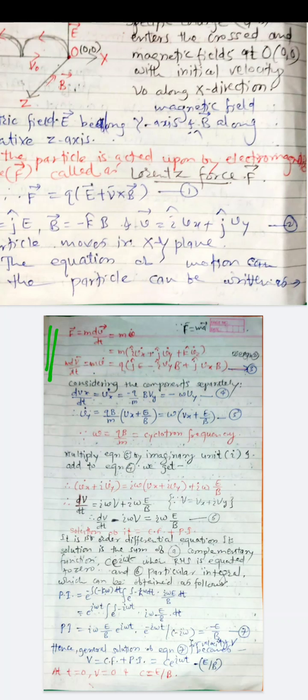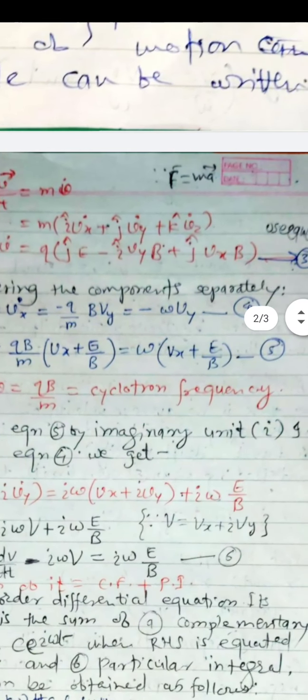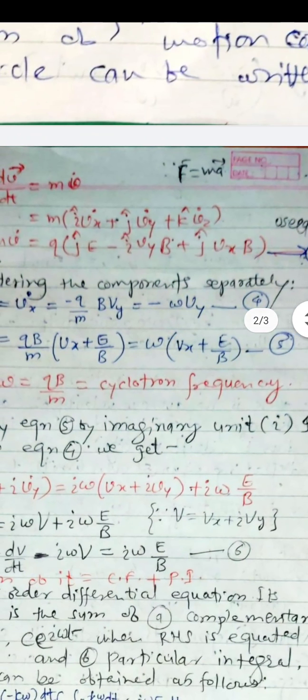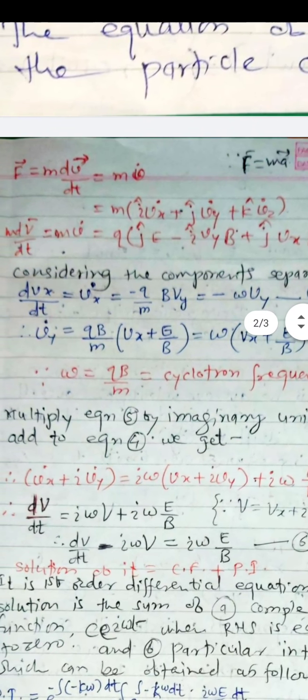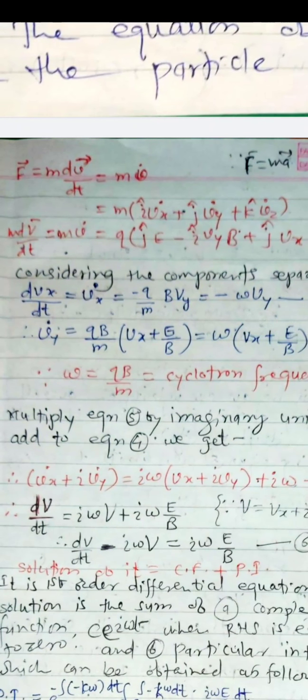F bar is equal to m times dv bar by dt, which is also equal to m v dot, by taking the reference of the equation of motion F bar equal to m a bar. Therefore, F bar equals m times (i cap Vx dot plus j cap Vy dot plus k cap Vz dot).